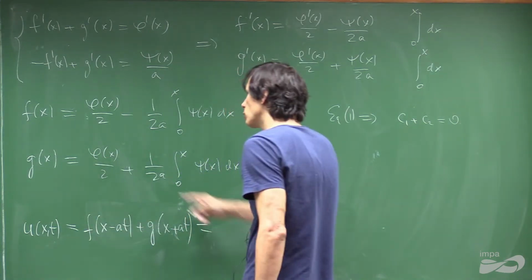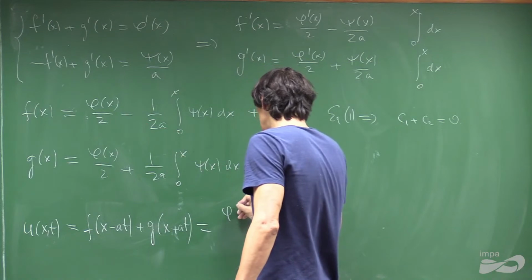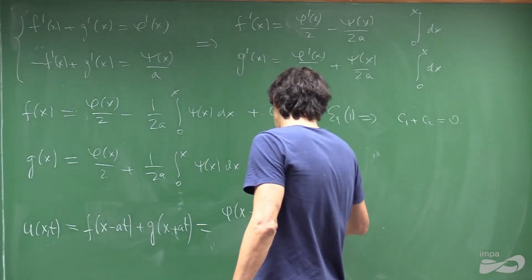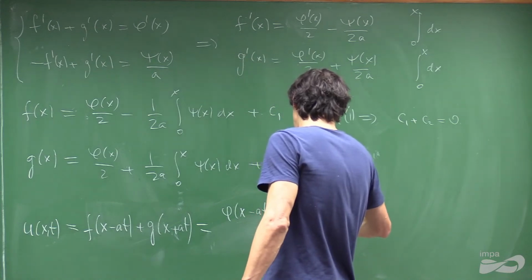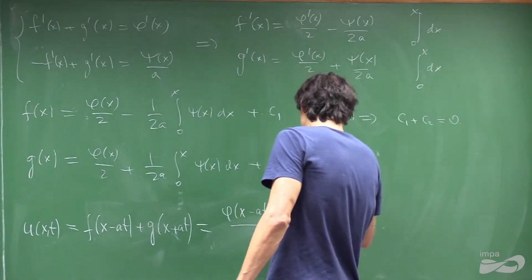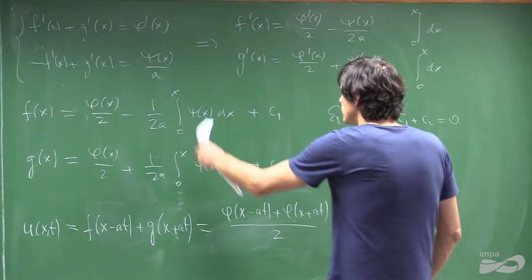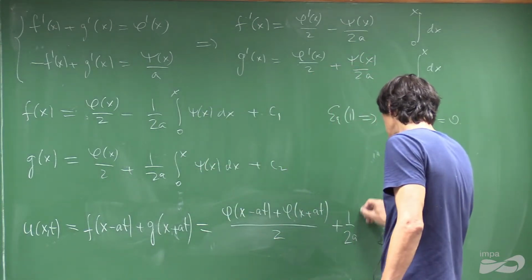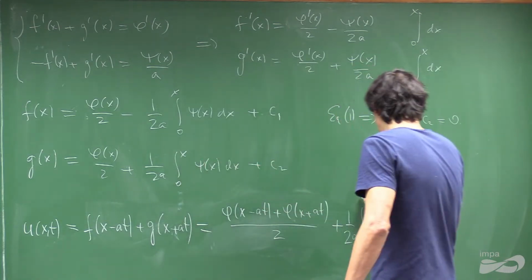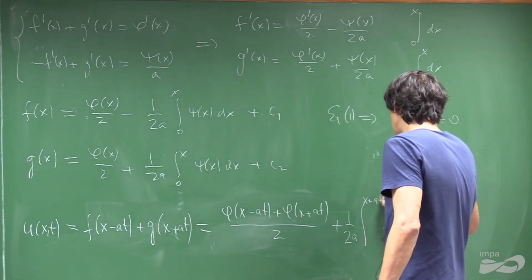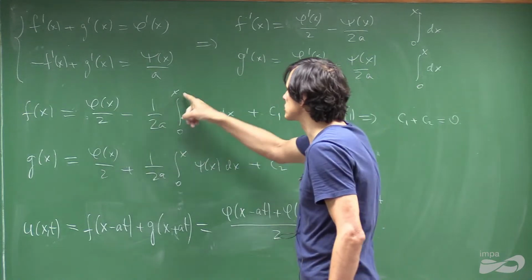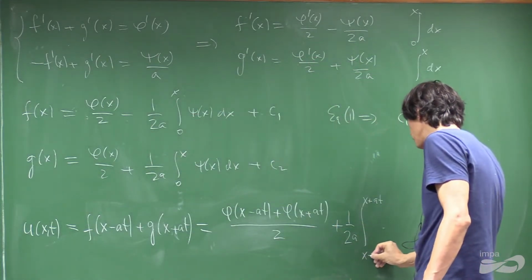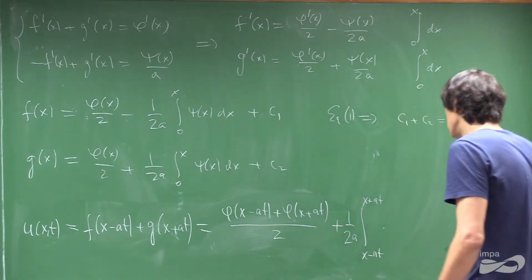So the first term will be with phi, divided by 2. And then the two integrals together will give you x plus at at the top, and with a minus x, the two integrals add up to this expression.